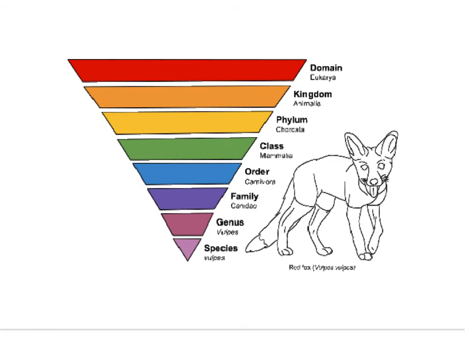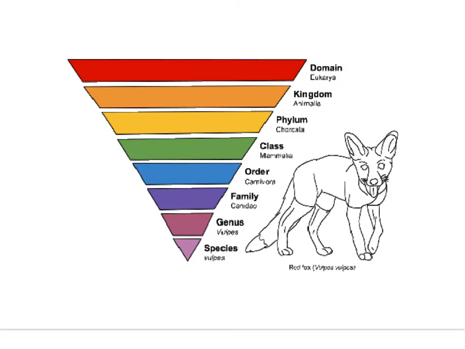The red fox, scientific name Vulpes vulpes, has descended from more inclusive groups of organisms. The red fox is in the Canidae family, and that includes the wolf, the domestic dog, and jackal, among others. The red fox is in the order Carnivora, that includes both canines, the dogs, and felines, the cats.